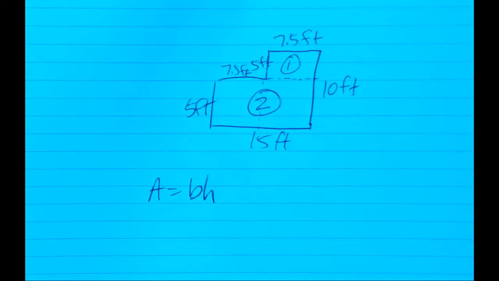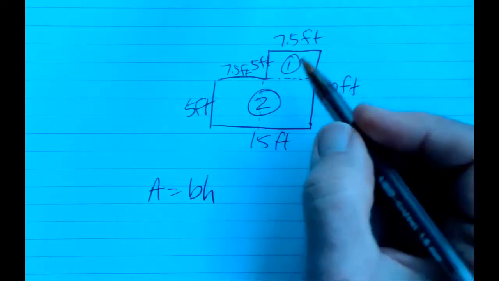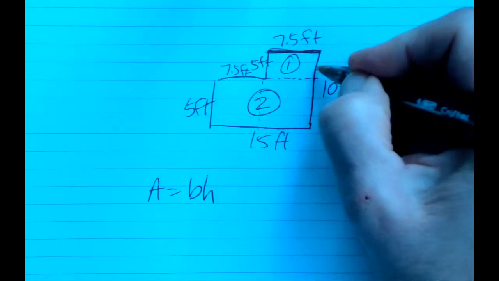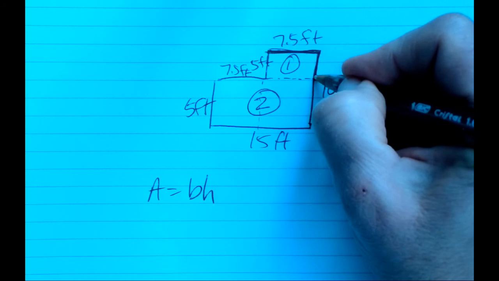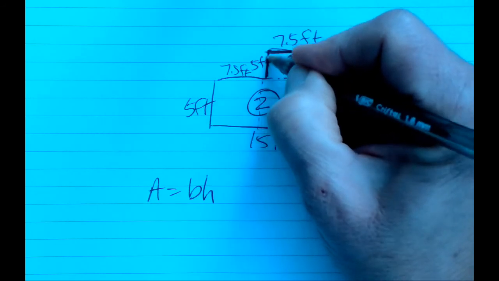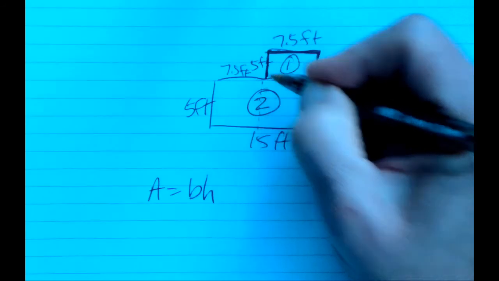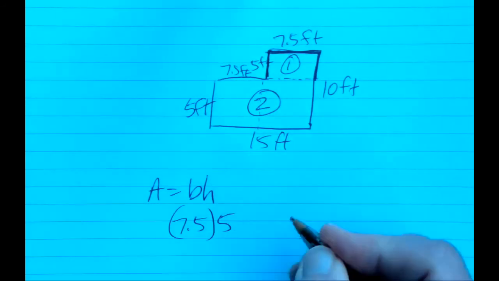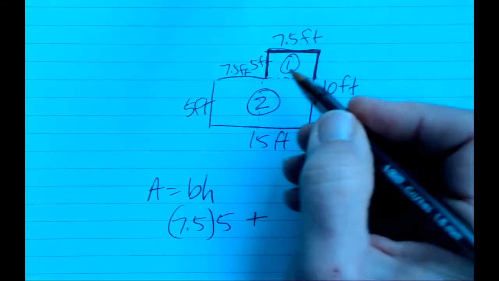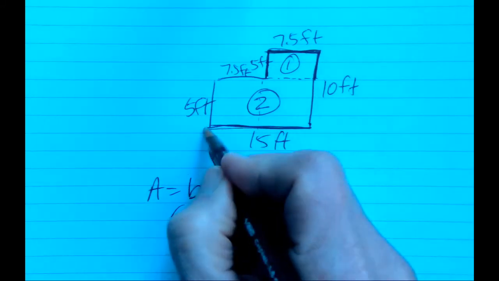So the base of 7.5 feet and the height is, what's the height? I have to look over here to see that the height is 5. So it would be 7.5 times 5 for the first one. The second one would be a base of 15 and a height of 5.